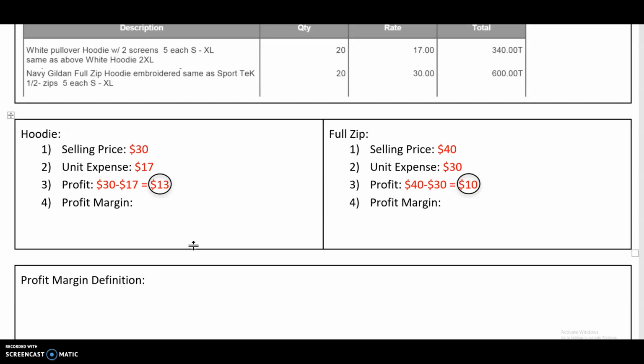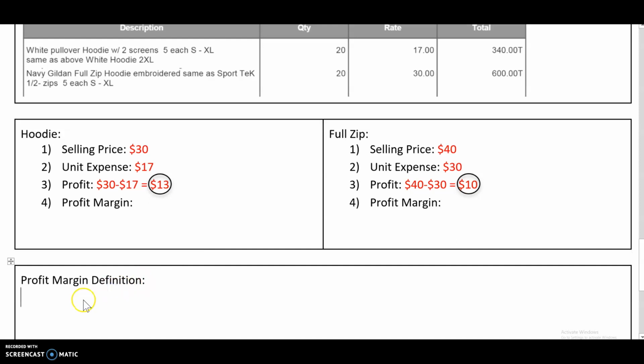It must be really profitable. Well, is it profitable if you had to pay $95 for that jacket? No, because you'd only be keeping $5. Versus you could have a $10 item that you bought for $1 and you're keeping $9 on that sale. That is more profitable. So you can't just look at the selling price. You can't just look at the profit. We have to look at the percentage, which is the profit margin.